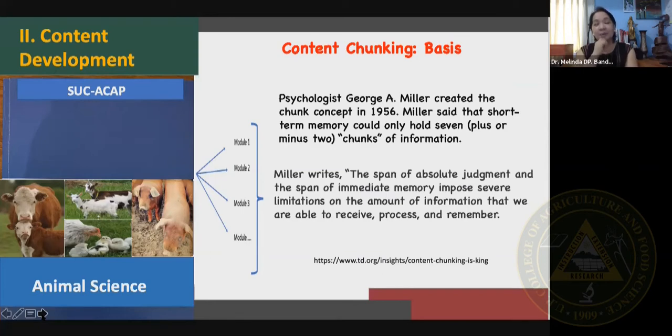Sabi dun sa example, and you can also look at it in this site, that is the reason why, yun daw mga phone numbers, siguro yung mga kahenerasyon ko na landline pa yung ginagamit natin, the reason why yung mga phone numbers daw nung araw ay limited to up to 5 to 7 digits.